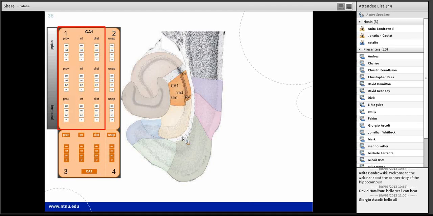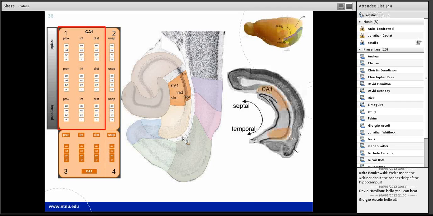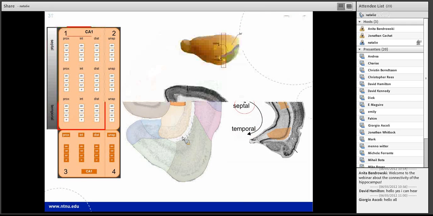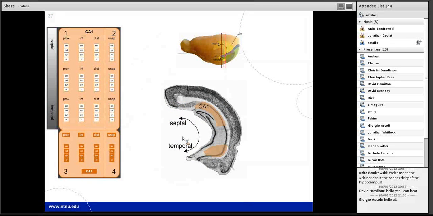In order to display this in the brain, we have to look into a coronal section. Information about the septotemporal axis in the CA1 area is represented along the vertical direction. If information about 3D position of a connection is incomplete, the lines that are drawn in the connectome will originate from quadrant 2, 3 or 4.